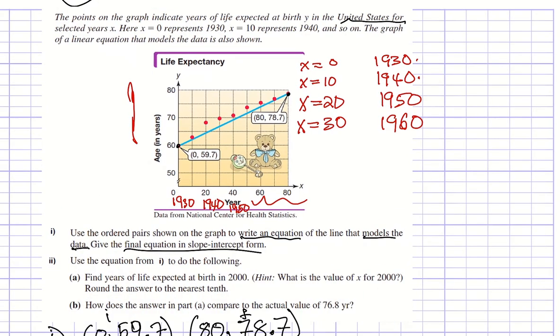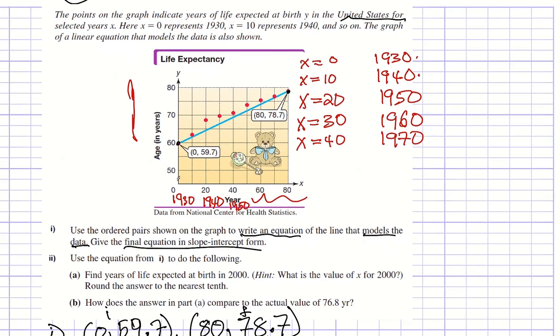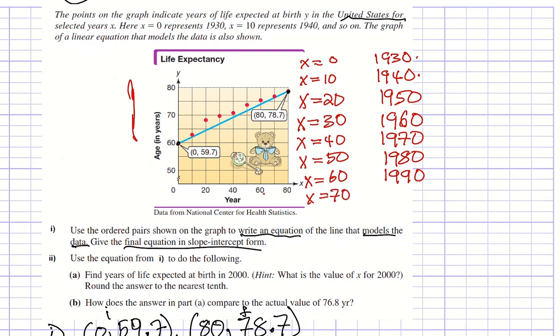You gotta keep going until you get to 2000. x equals 40 represents 1970. So 0 is 1930, and 20 is 1950, not 1940. I made a mistake there, so forget about that. x equals 50 represents 1980. x equals 60 represents 1990. x equals 70 represents 2000. You see that, right?